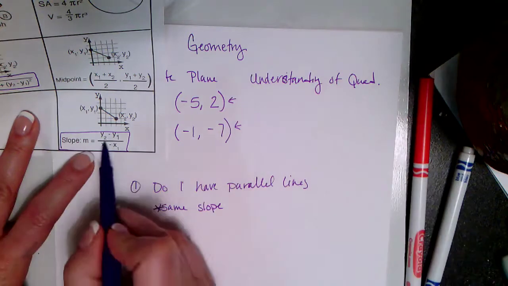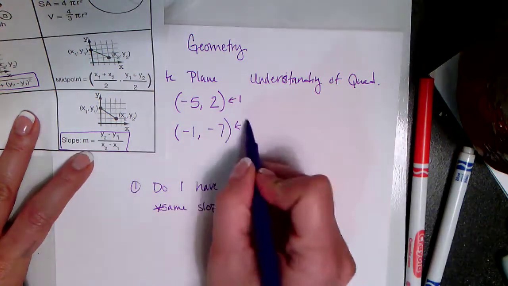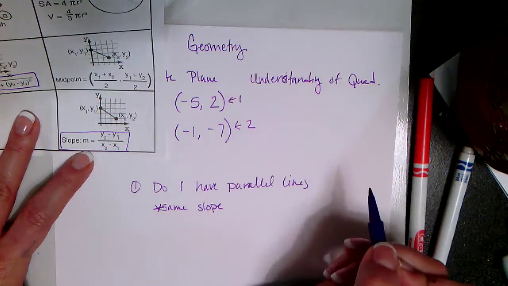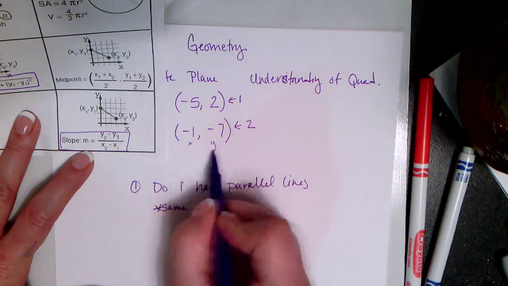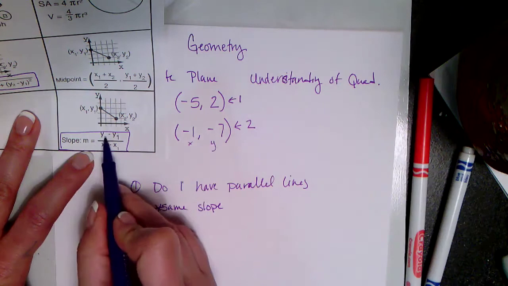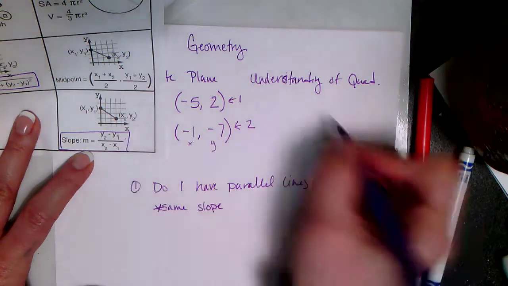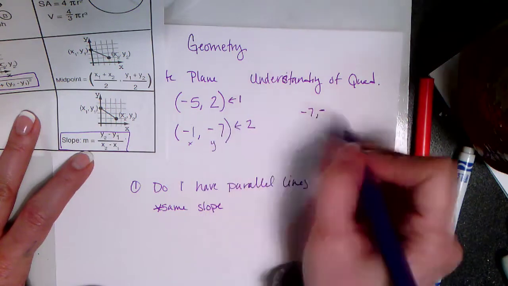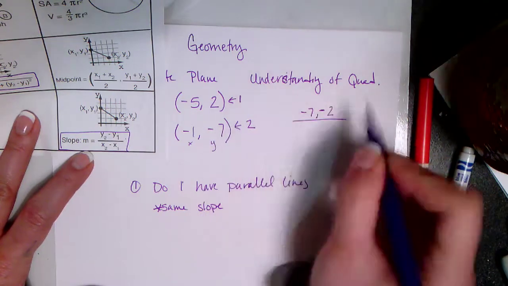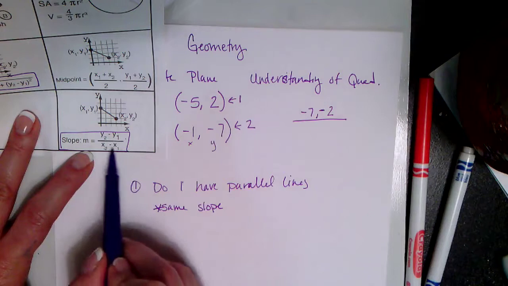This is where I make one of these point 1 and one of these point 2. Remember, I've got my x and my y. So it's y2 minus y1, so it's going to be -7 minus 2, over x2 minus x1.